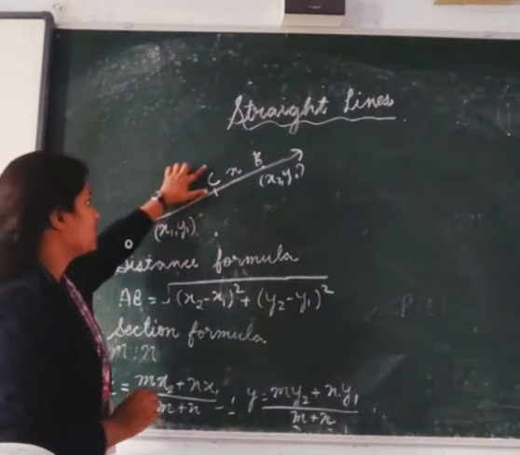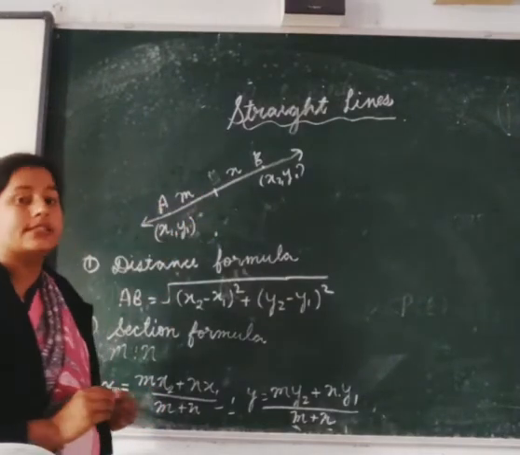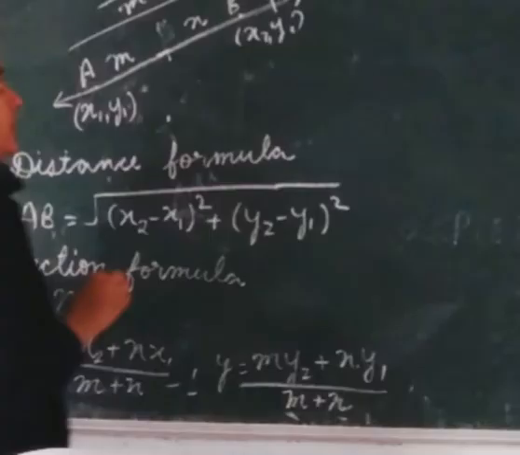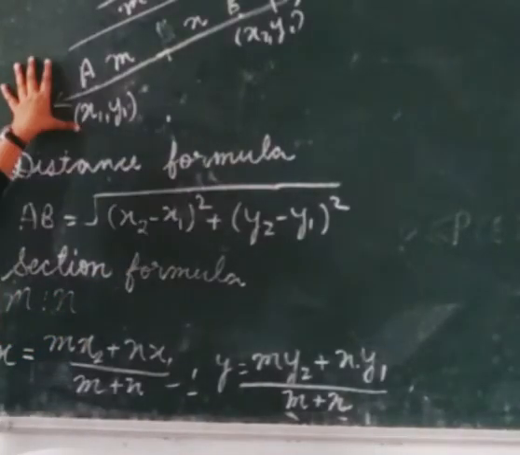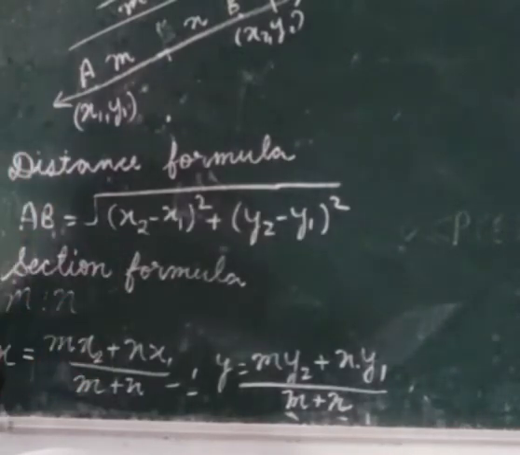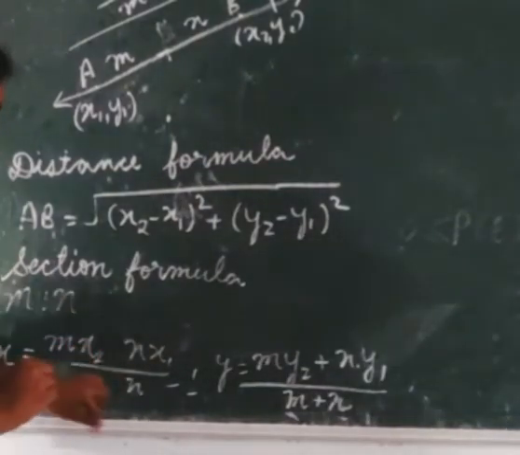Now let us suppose that this point C does not divide it internally, instead it divides it externally. Let us suppose that the point C divides this line in such a way that the ratio is an external ratio m/n. Then in that case the same formula will change.